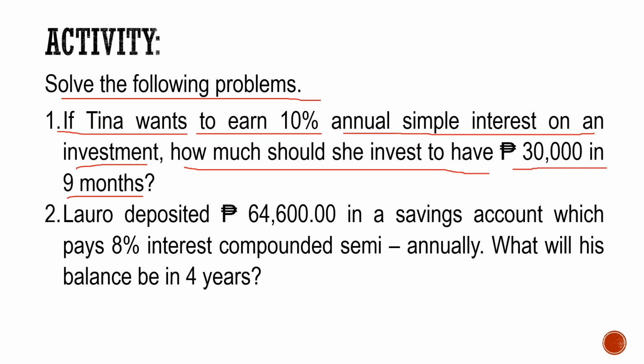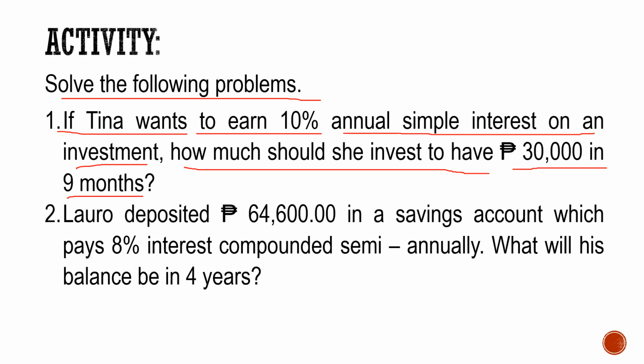As you can see, the given value of time is in terms of months, so you need to convert it in terms of years. You also need to convert the given rate of interest in decimal to compute how much she should invest, or the principal. The unknown for number one is the principal.